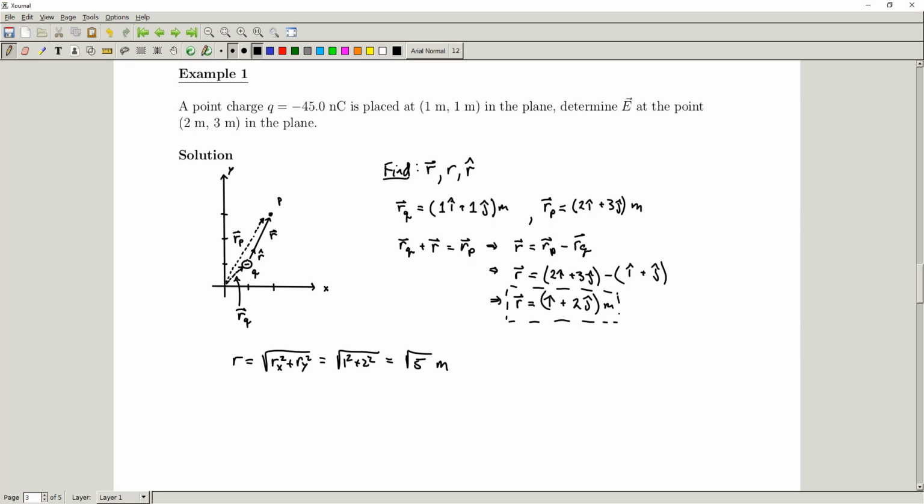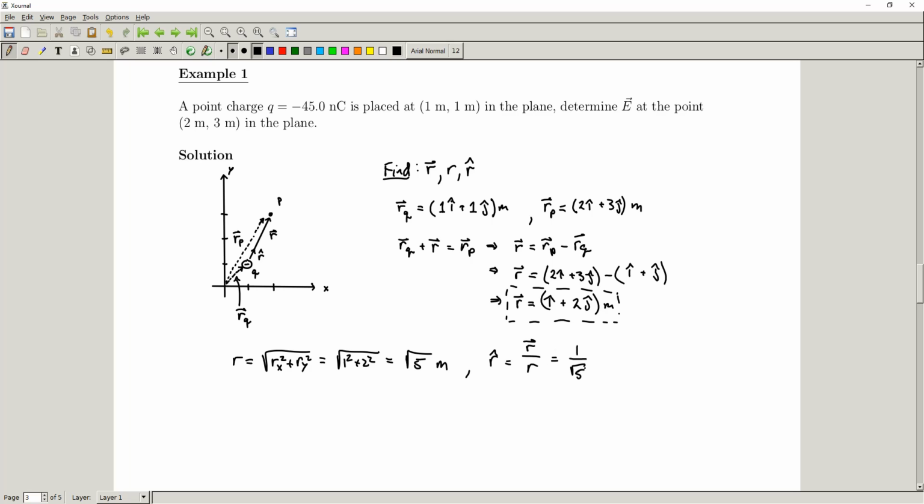And finally, we also want r hat, right? Put a comma here. So we know that we can calculate r hat. We talked about this a couple of times now. We can calculate r hat by taking our vector r and dividing it by the magnitude of that vector. And so if we do that, we'll have 1 over square root 5.